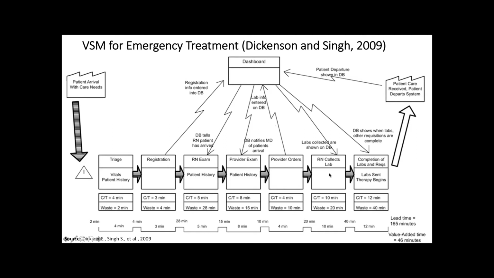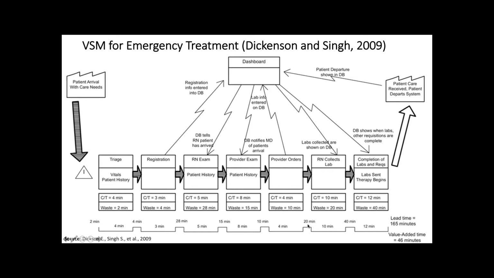And then once the lab work is done, the information of the lab is going to come from the database to the nurse, and then the registered nurse is going to collect the lab information.